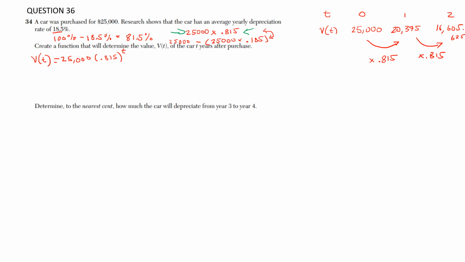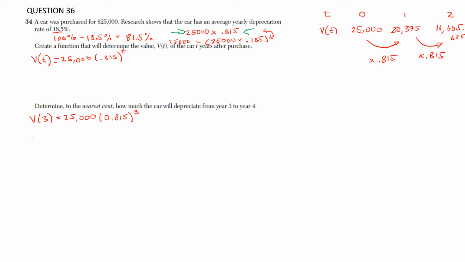Now, the second part of the question asks, determine to the nearest cent how much the car will depreciate from year 3 to year 4. This essentially is asking us what the difference is between year 3 and year 4. Because we already have the equation, we can simply plug in v of 3 equals 25,000 times 0.815 to the third.